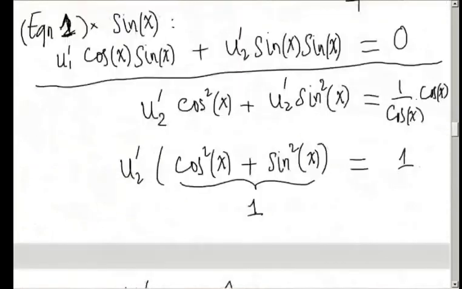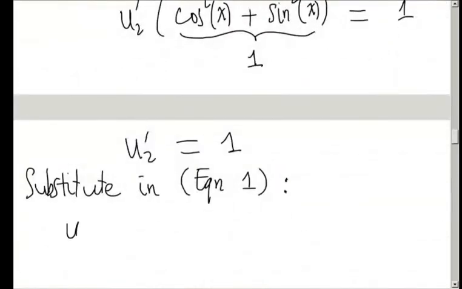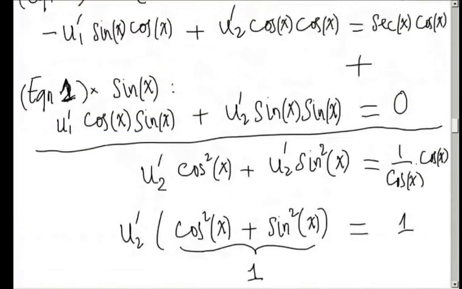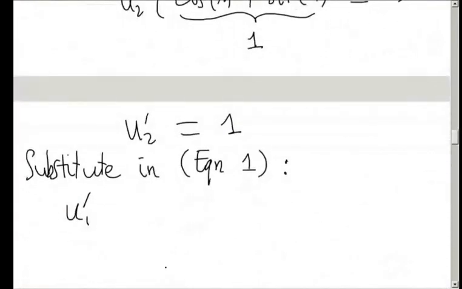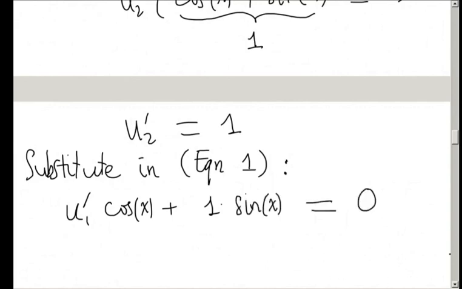Then we will have u1 prime times cosine x plus u2 prime, which is 1, times sin x equals 0.